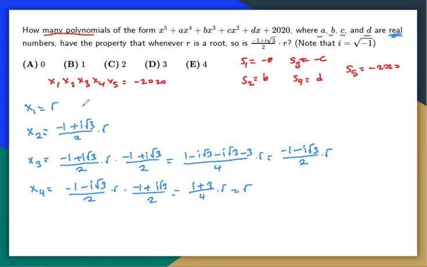So meaning that we do have now only 3 solutions, that is this thing.